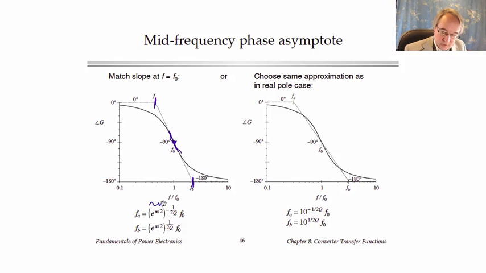Recall e to the pi over 2 is approximately 4.81, but then it's raised to the 1 over 2Q power. So this break frequency right here is f0 times 4.81 to the 1 over 2Q power. Likewise, this break frequency is f0 divided by that quantity.